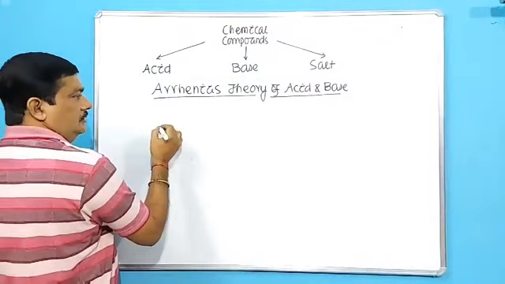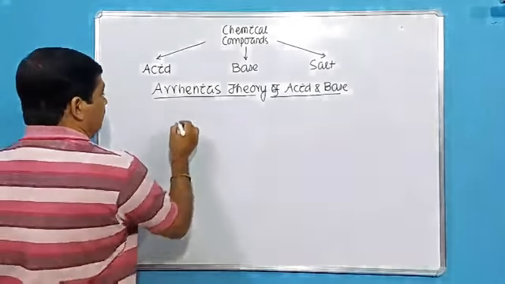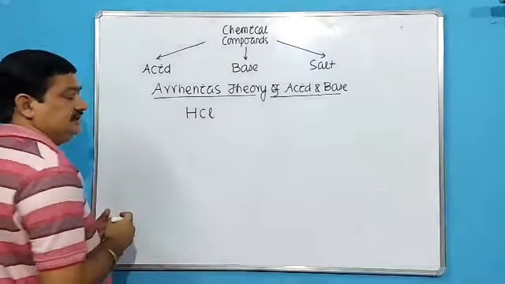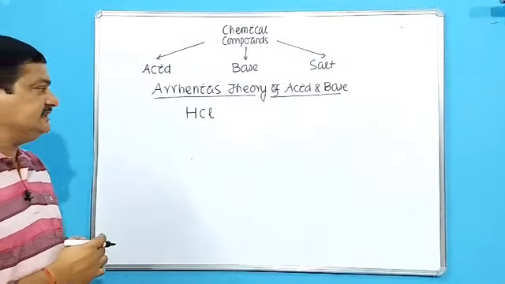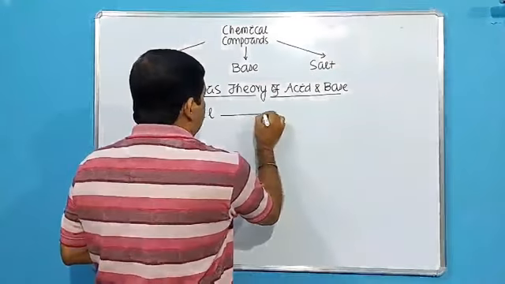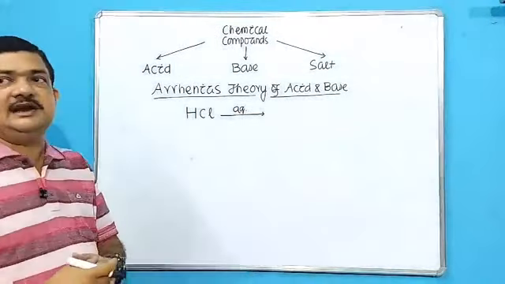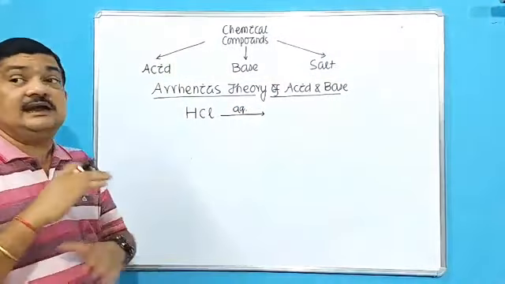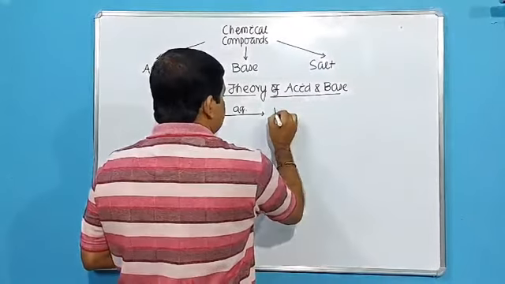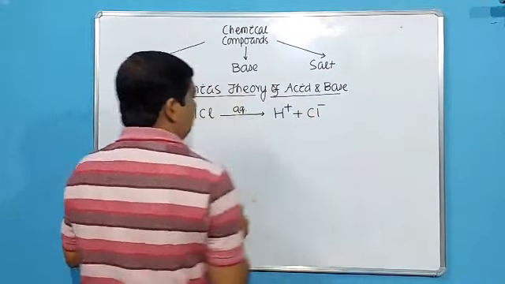I am giving you some examples, then I will define it. As per Arrhenius theory, HCl, that is hydrochloric acid, is an acid. Why? When it is brought into aqueous medium, that means when it is added to water, it readily ionizes. It gives you H plus and Cl minus.